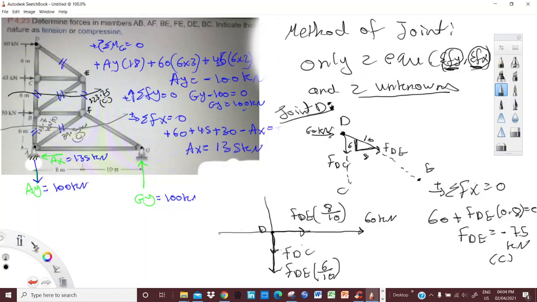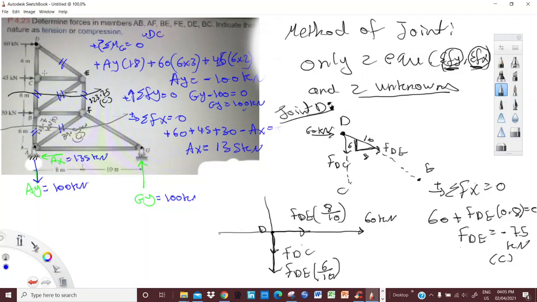Right now we can solve for FDC. The question didn't ask for it, but let me add it.